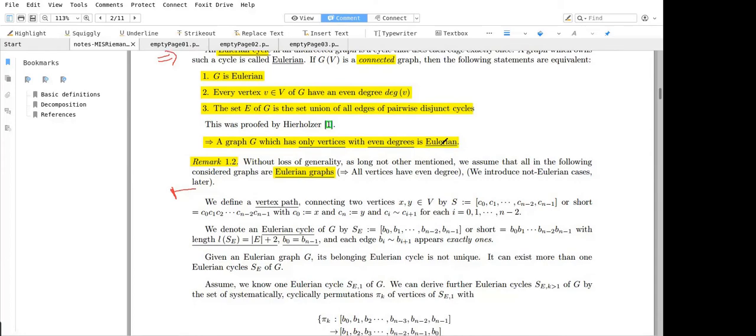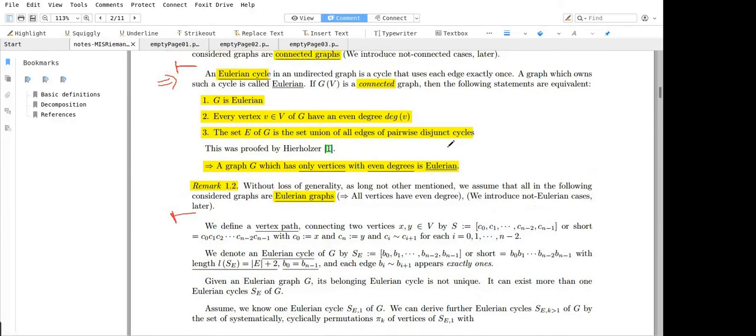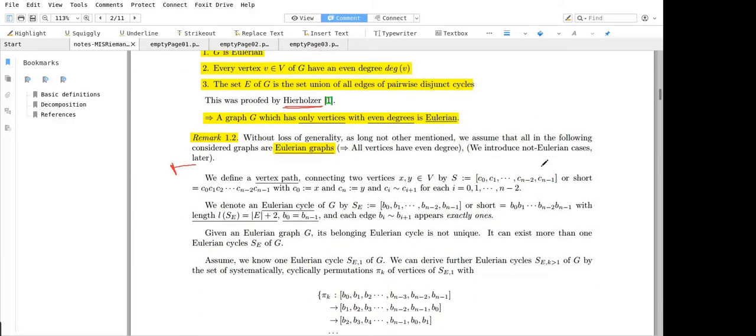Assume we have a graph, we know this graph is Eulerian, then it's possible to find the Eulerian cycle of this graph with the Hierholzer algorithm, which is a polynomial algorithm, and finally we can write down this Eulerian cycle.